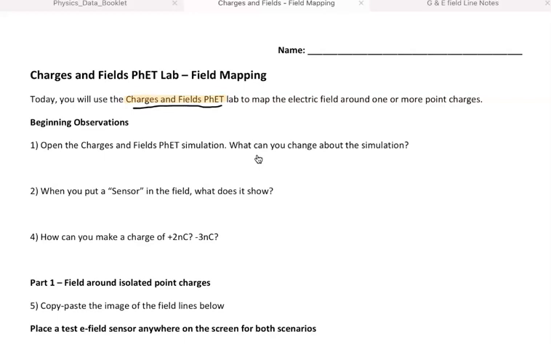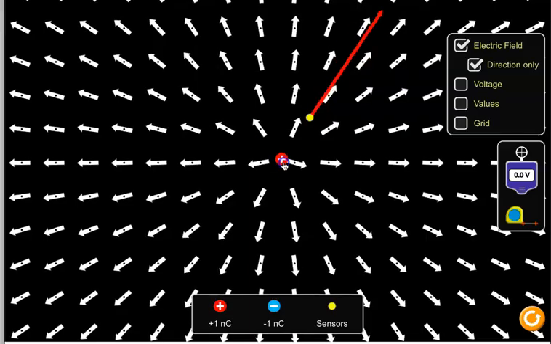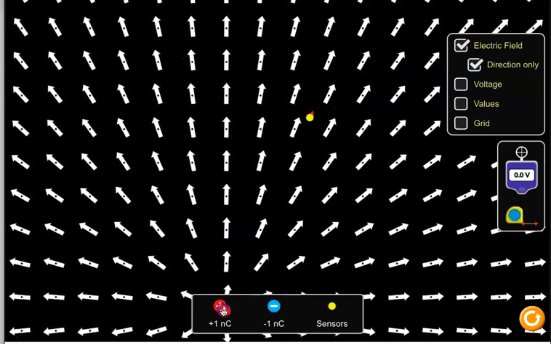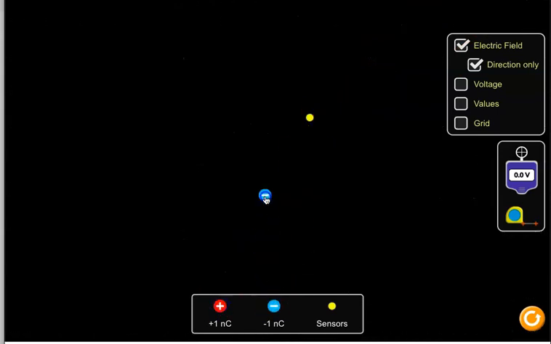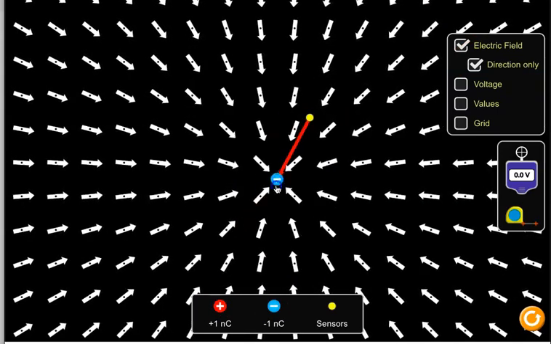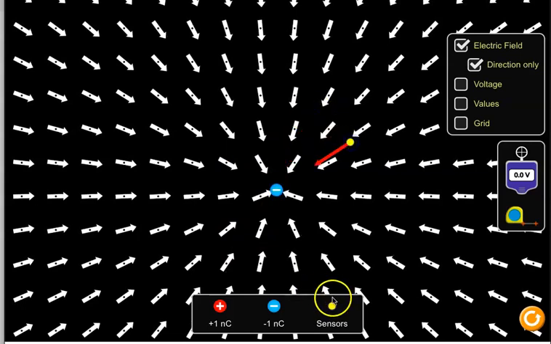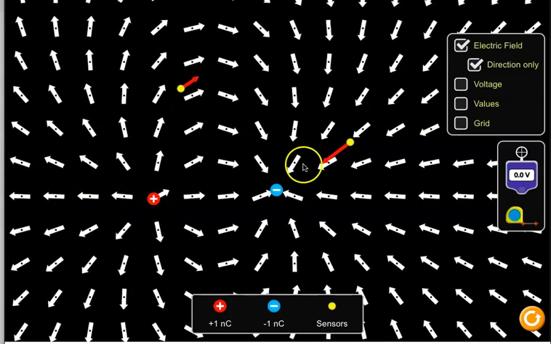For the beginning observations, first open up this PhET. It's going to look like this, where you can move a positive charge onto the screen, a negative charge onto the screen, and there's a sensor, the yellow sensor, which will show you the fields. These are field sensors, and these arrows are all field lines. Positive charges add on, and then you'll see different field lines.